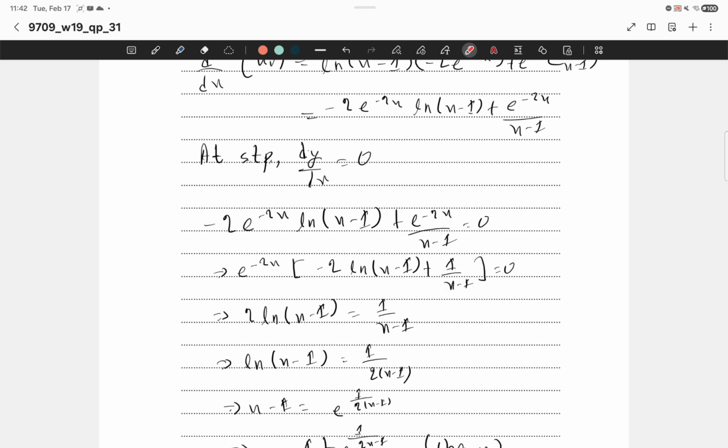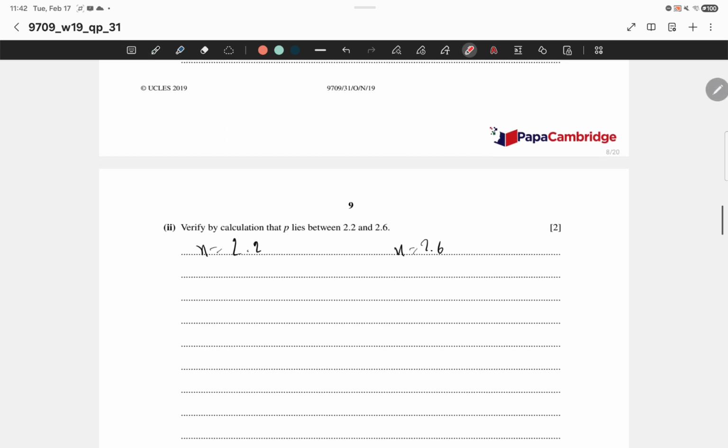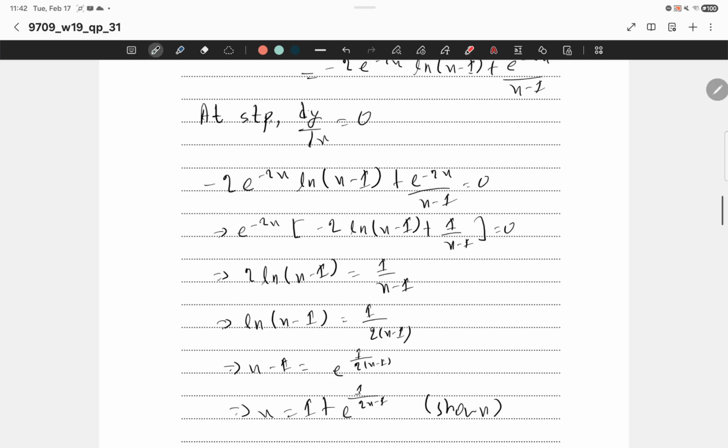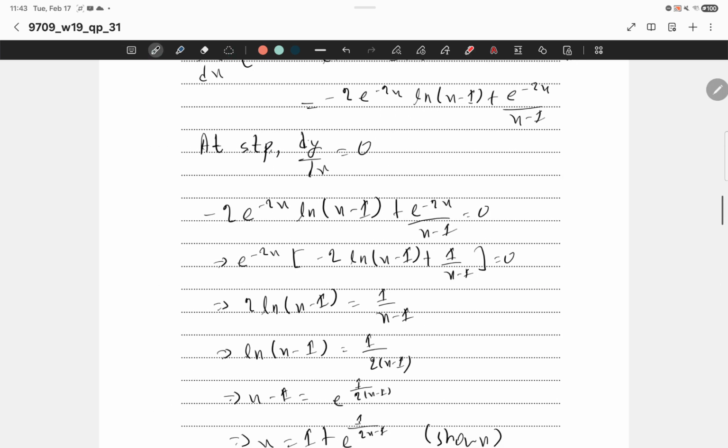Yeah, 1 by x minus 1 minus 2 ln x minus 1. We input the value here. So let me just write the equation in case. But I don't even need to write it actually.